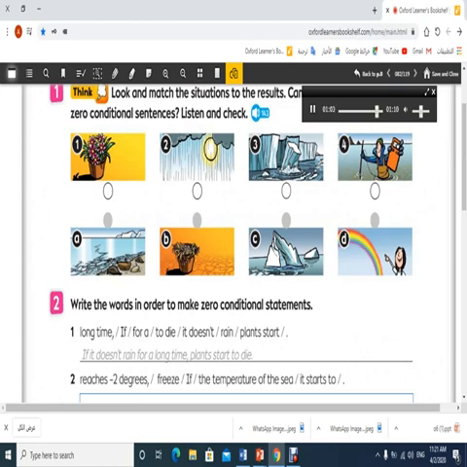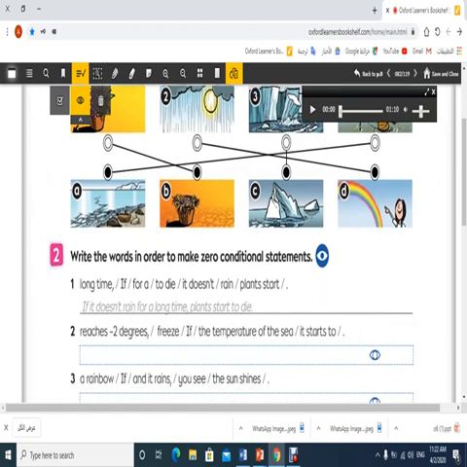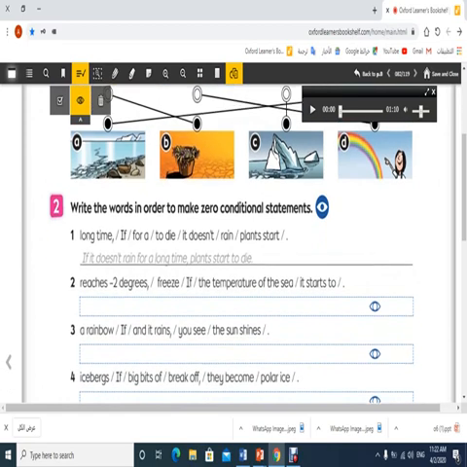Now let's check the answers. Are you ready? Well, let's see. This is what happens and this is the result. If it doesn't rain for a long time, plants start to die. Who can answer number 2? Who can make a sentence for number 2?